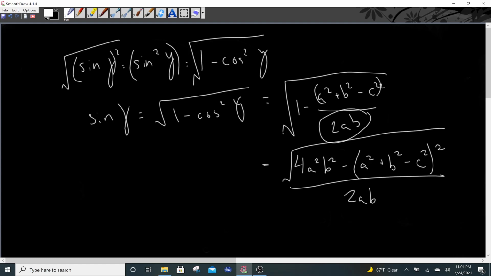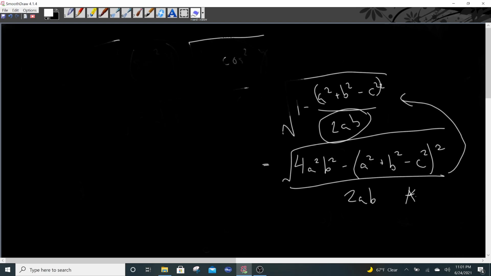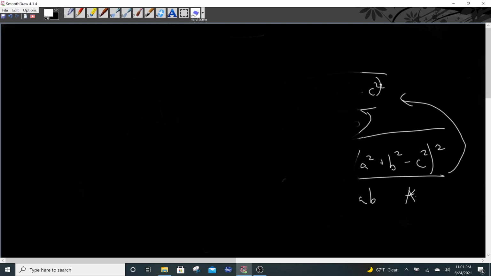And now, I know that this looks more complicated than this one, but this is actually easier to work with. So, given that, let's try and make some type of use case of that relatively complex formula. If the area of a triangle is 1/2 base times height, then the altitude of the triangle on base a would be b sine gamma.